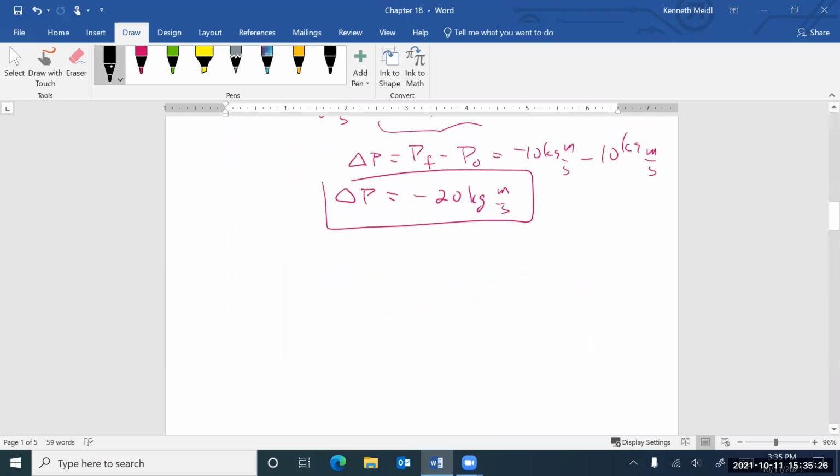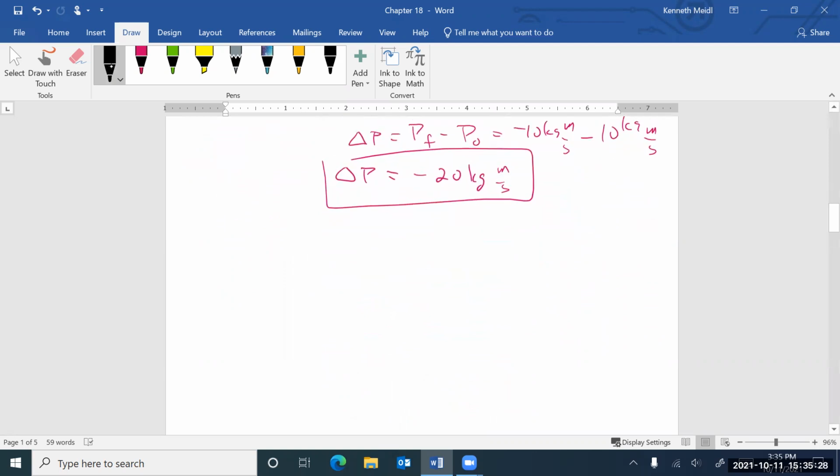Okay, to start with, let's say that we've got a gas contained maybe in a box.